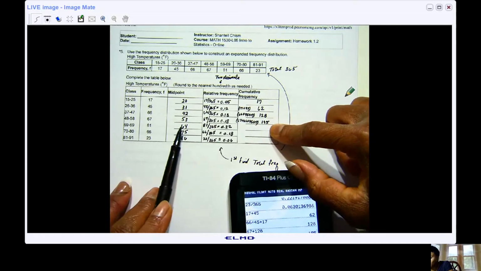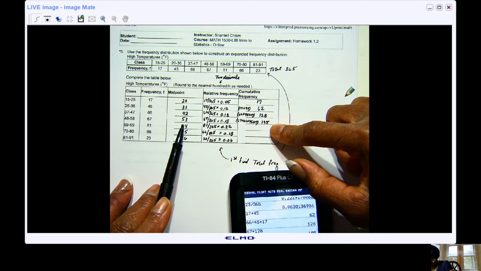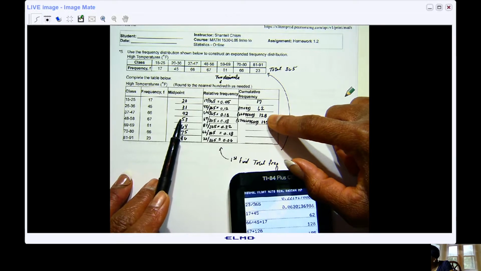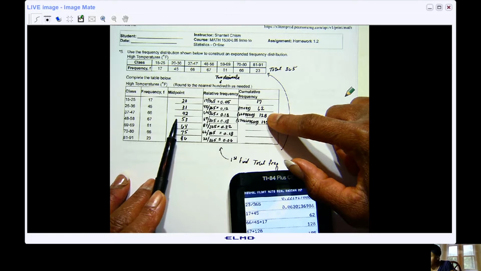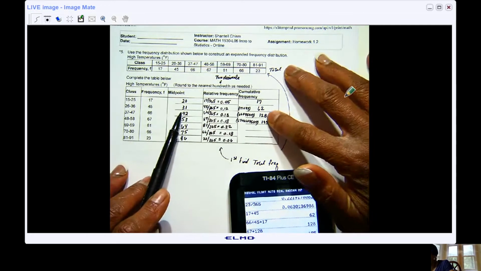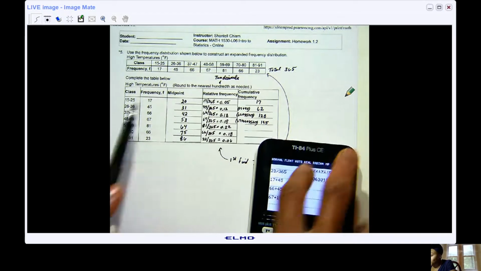So that next class, we take the 64. Did I miss one? I think I did. Hold on. So I was supposed to say 128. I think I added 67 again, and I'm not. Let me slow down. Let me go back here, because I may have made a mistake. Oh, I'm looking at midpoints.